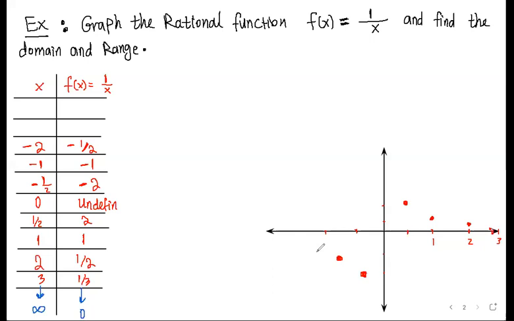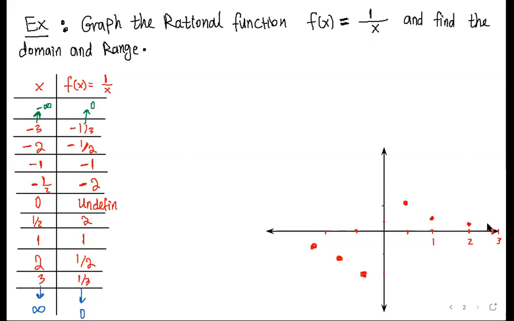Minus 2 and minus half, around here. And the same thing, minus 3 gives me minus 1/3. So as I see here, when the number goes to minus infinity, like minus 4, minus 5, minus 6, minus 7, this value becomes close to the 0, as you see in the line.